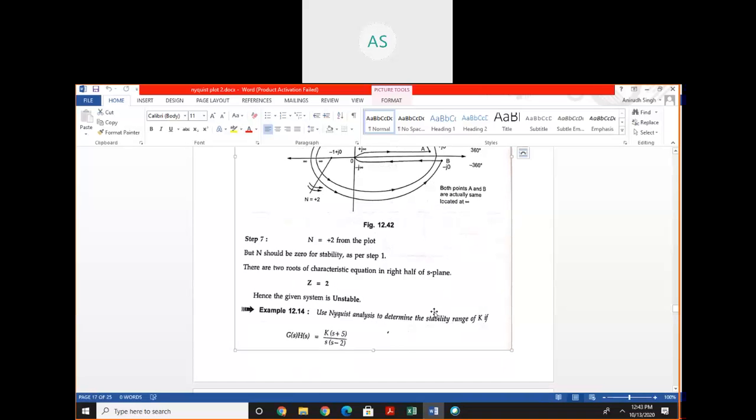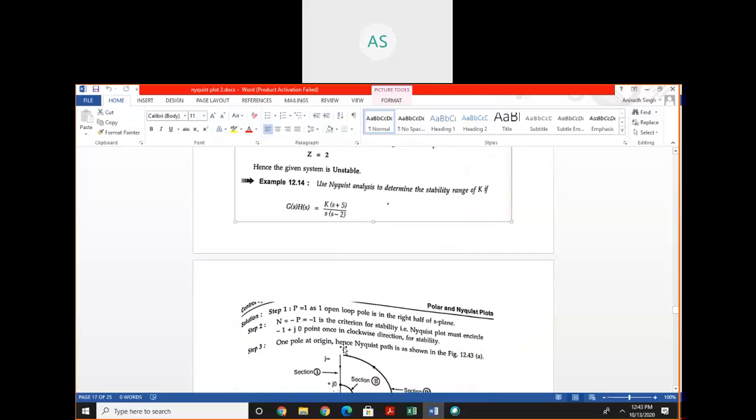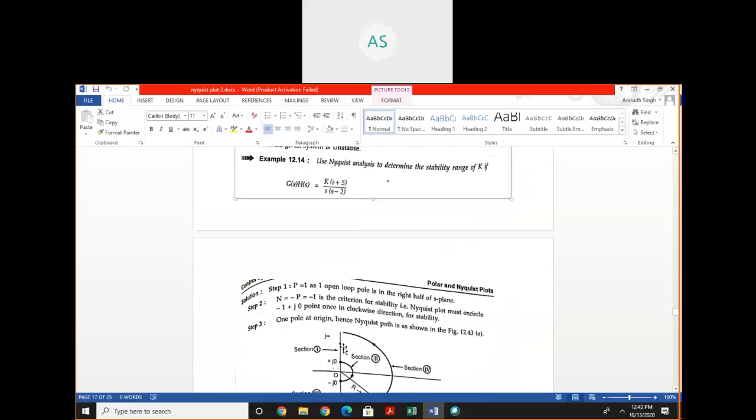This is 360, and the second rotation gets 720 anti-clockwise rotation. So minus 1 plus j is encircled by anti-clockwise rotation. Anti-clockwise rotation means N is equal to plus 2. So we get an unstable system.